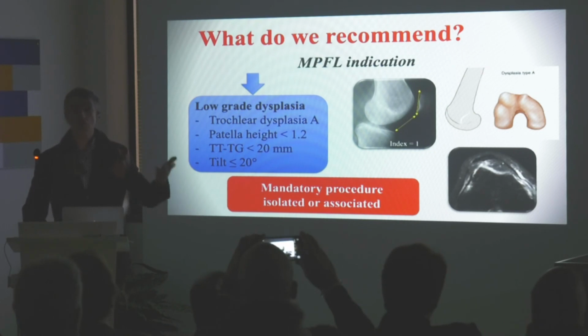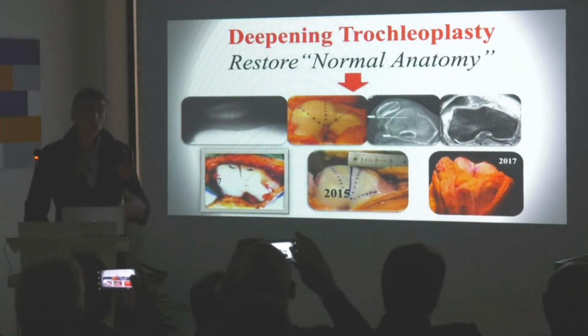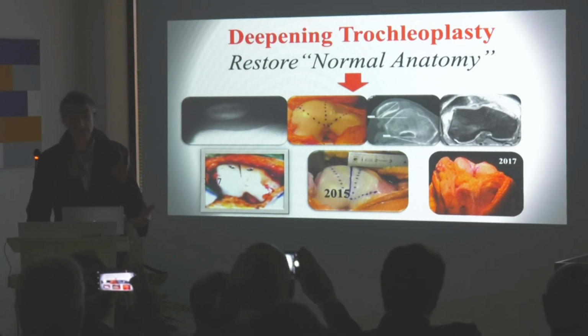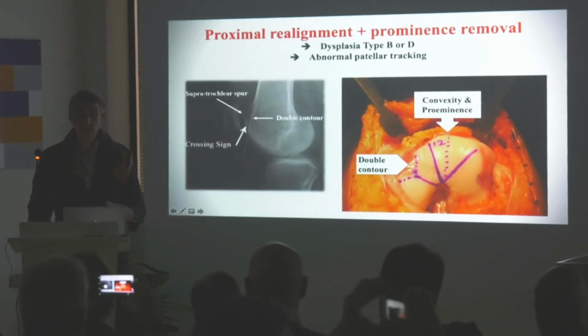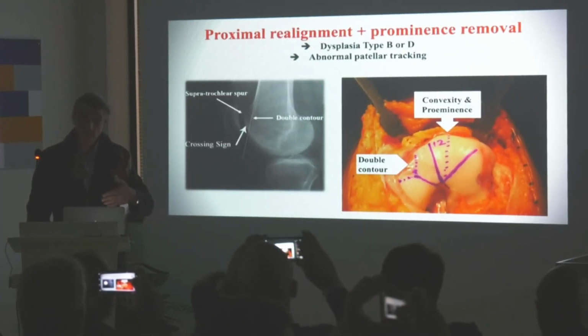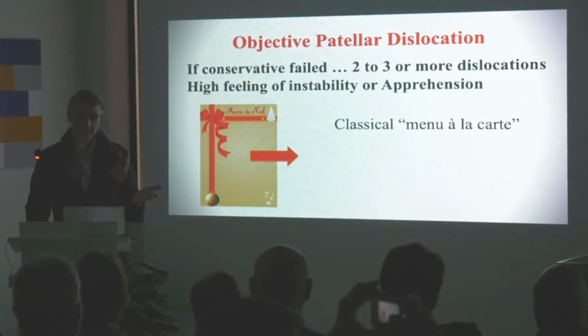Medialization, distalization, trochleoplasty. And deepening trochleoplasty, you have to restore the anatomy, and you understand that when you have such trochlear dysplasia, you have to do something, and you will try to do a proximal alignment to move the trochlea a little bit more lateral and to remove that bump. This is the goal of trochleoplasty.